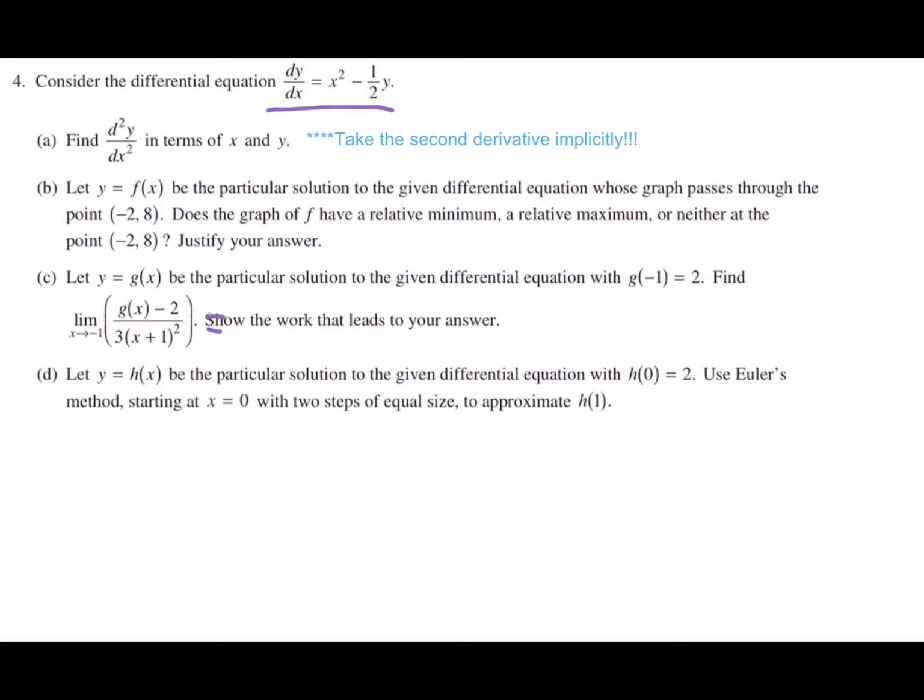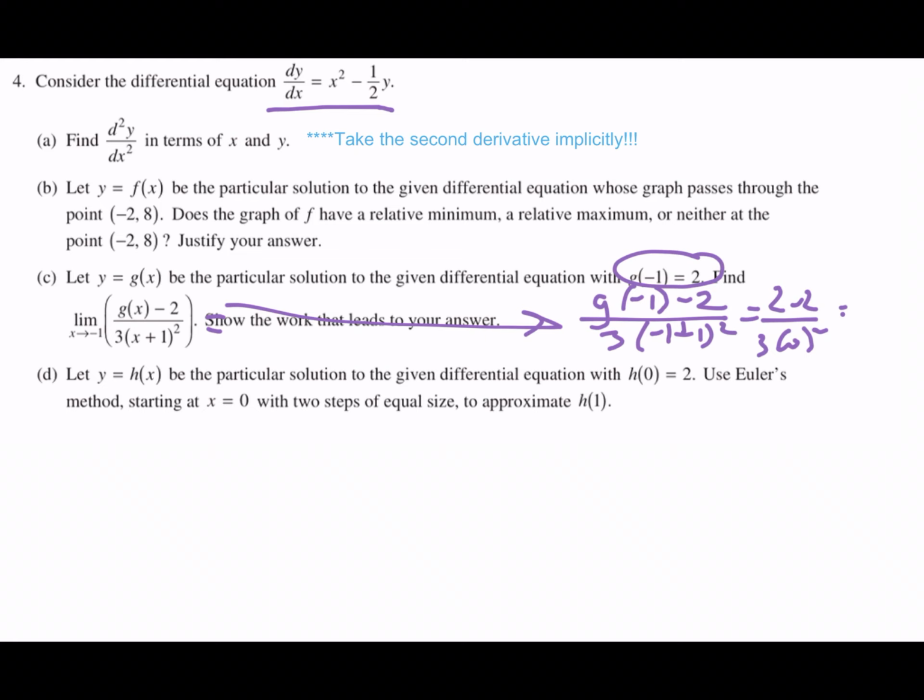If I plug in -1, I'll have g of -1 minus 2 over 3 times (-1 plus 1) squared. And g of -1 they told me is 2, so I have 2 minus 2 over 3 times 0 squared. So I get 0 over 0.